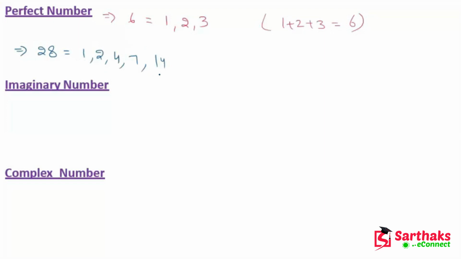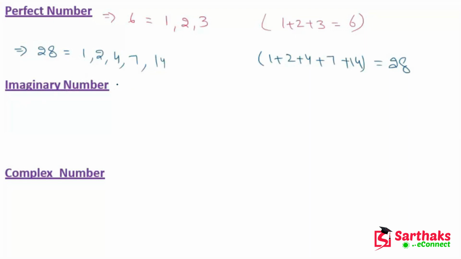If we sum these factors, 1 plus 2 plus 4 plus 7 plus 14, we get 28. So my dear friends, this type of number is called a perfect number. I hope you get this point.